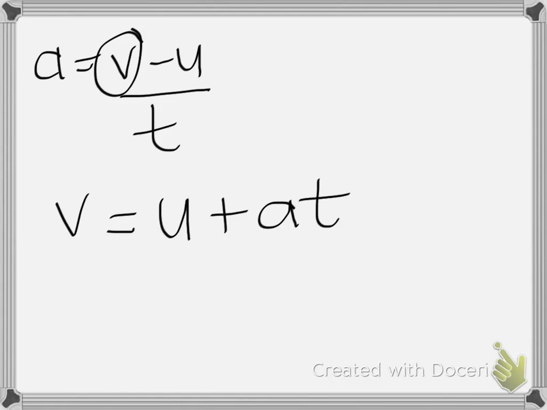Another equation that you might need to use that we didn't really talk about in class, but it could be handy to work out the distance that an object or a car is travelling in over time. If you don't have time to draw up a graph and work out the area underneath the curve, then a formula that you can actually use is S, where S is the distance.